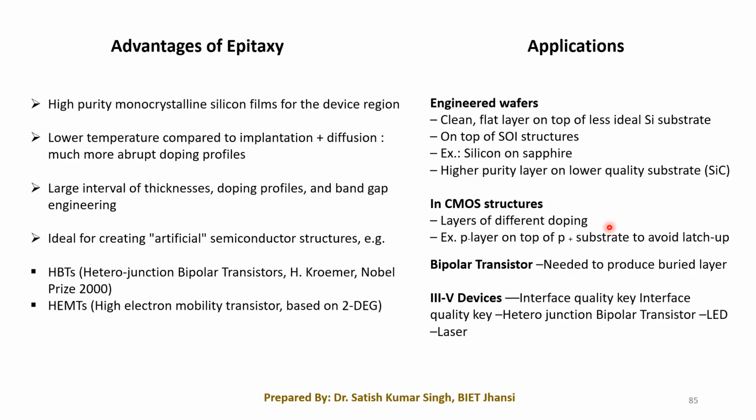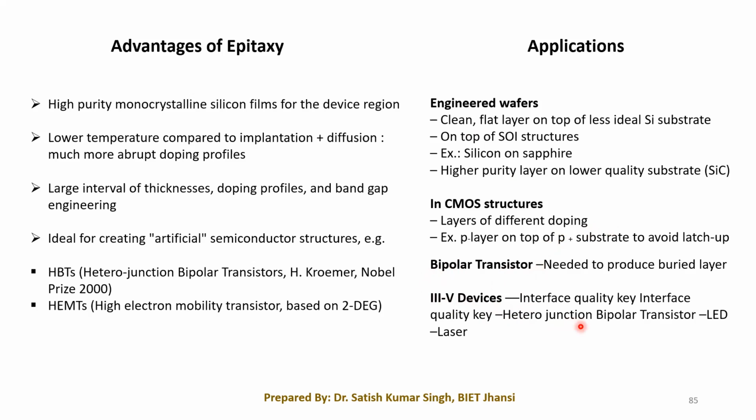Similarly, in the bipolar transistor, we need to produce buried layers. I will be discussing the bipolar transistor structure later on in some other lectures. And similarly, in group 3-5 devices, we can make different types of heterojunctions. In that we can make LEDs and lasers by having the epitaxial layers.